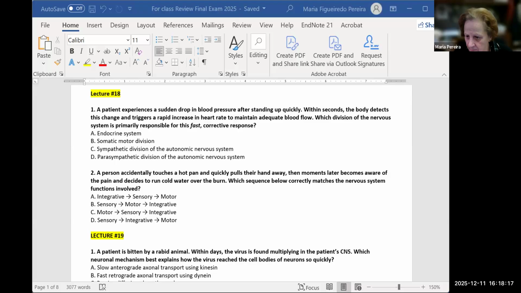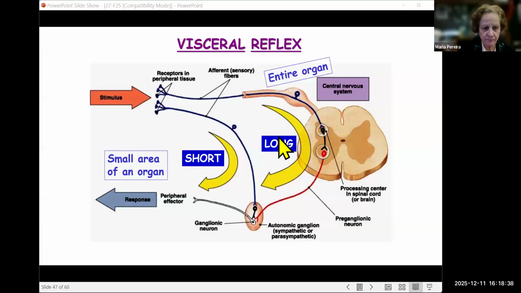So, Kevin, is it only sensory to motor in visceral because we have no control of it, right? Well, remember that in visceral, there's the long and the short, right? So let me show you this here. If we go here, you see visceral reflex.